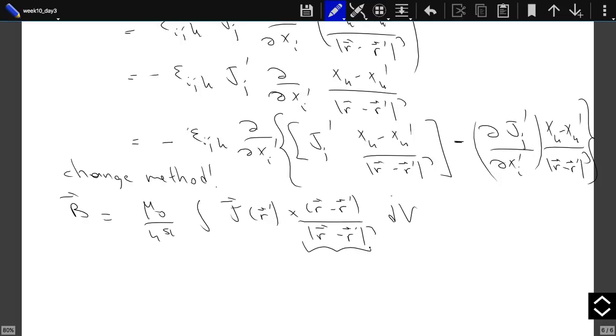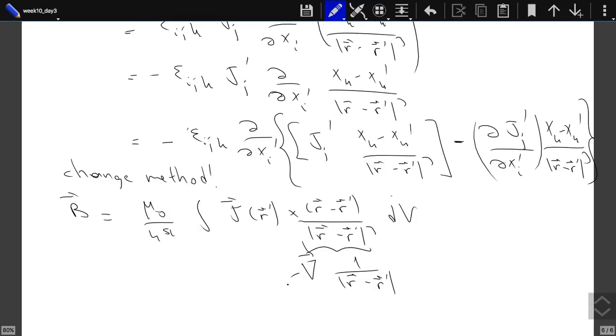Well, you see, this is nothing but the gradient of 1 over |r minus r prime| with a minus sign, the gradient with respect to the coordinates of r. You can just think of this as the electric field of a point charge. The electric field of a point charge is nothing but minus the gradient of the potential of that point charge. This is something you should remember from electrostatics.